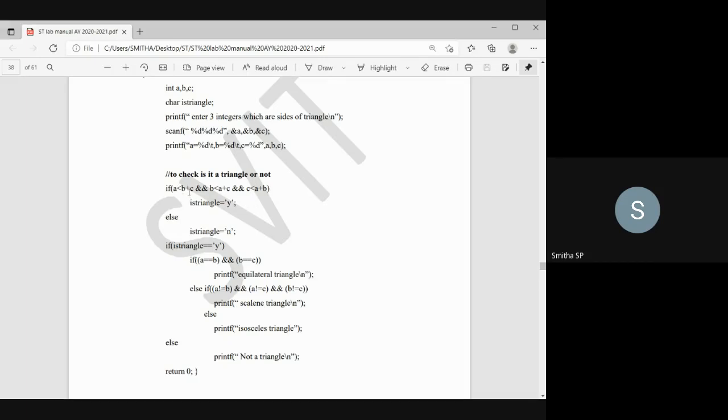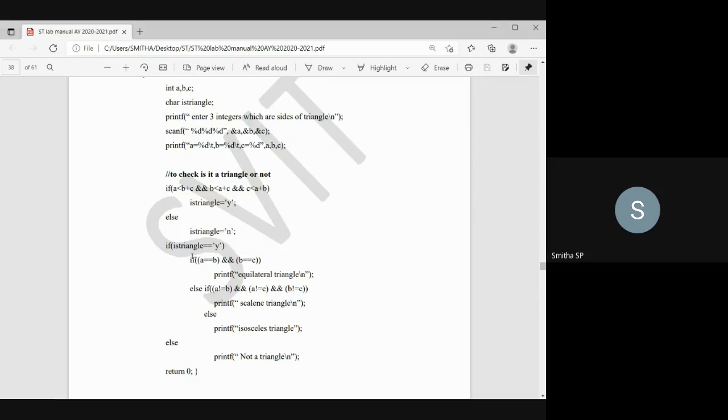Once you check with this condition, if it is satisfied, then is triangle equals yes, that is, you are setting a true flag. Otherwise, if the condition is not satisfied, the control will move to the else part, and a negative flag will be set.